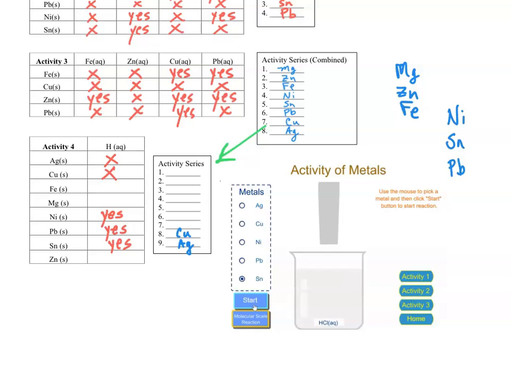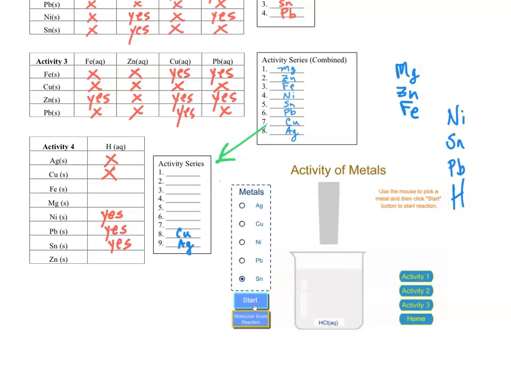Now the question is, should hydrogen be above or below them? From activity number 4, we can see that hydrogen should be below nickel, tin, and lead. So they'll maintain that order, but we will put hydrogen below them. So hydrogen should be below them on that list, and we are done.